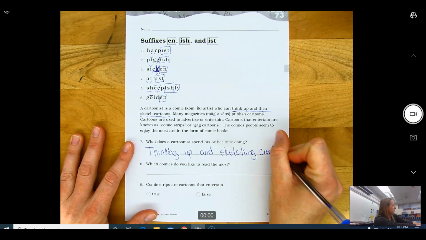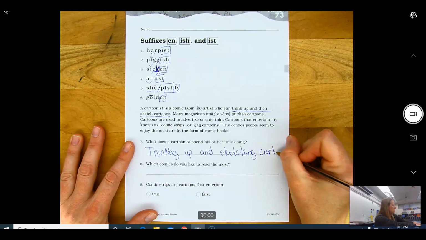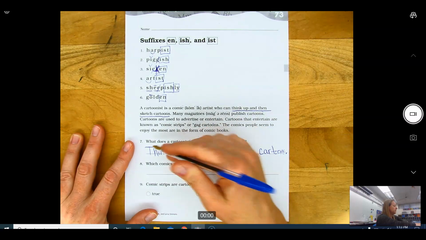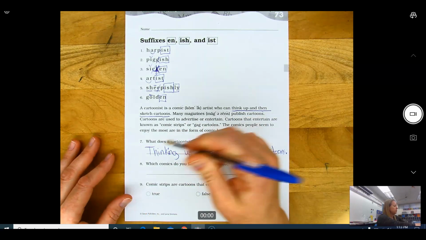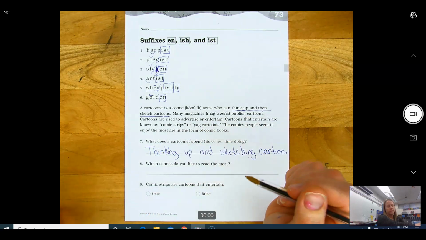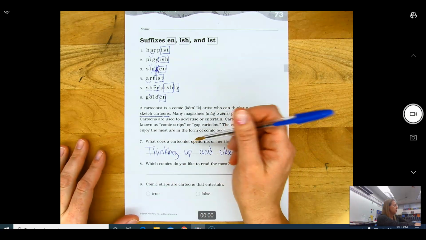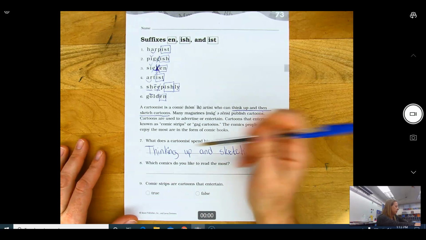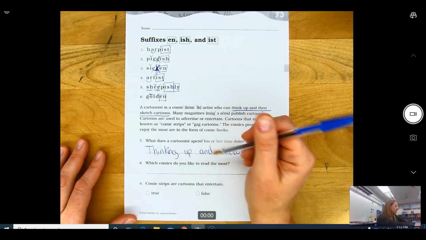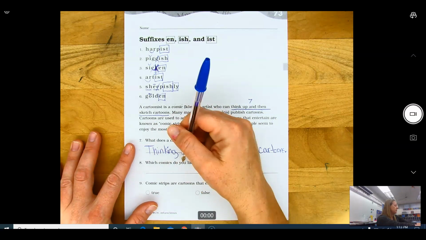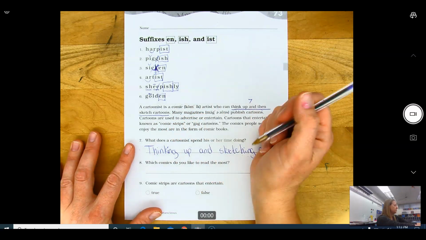Okay, so you'd have to put the subject on to this sentence because thinking up and sketching cartoons is the predicate part of the sentence. That's the action part. So you would want to add the subject, which is a cartoonist spends their time thinking up and sketching cartoons.